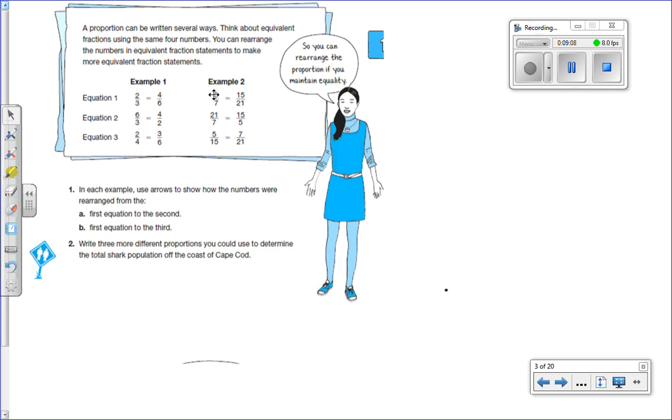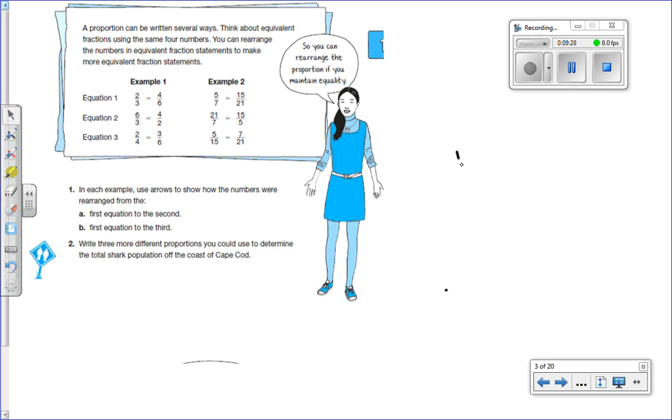We also have 5 and 7, which are a numerator-denominator combination in equation 1. They are denominators in equation 2, and they are numerators in equation 3. So each set you should be able to do that with, or your proportions are not proportionate.